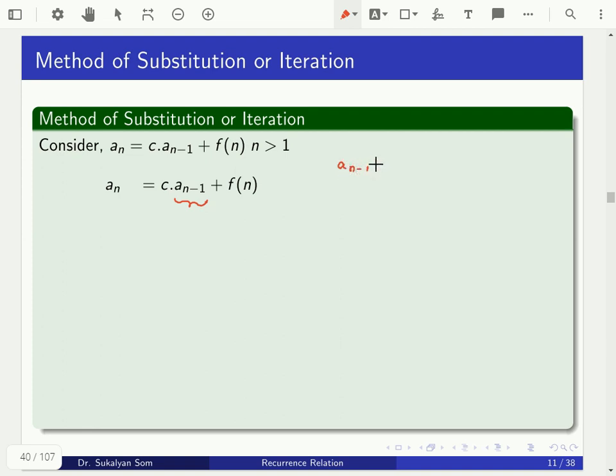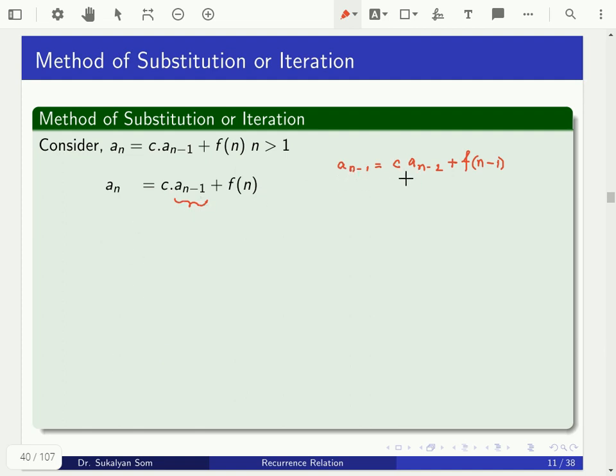In order to get this, we put n equal to n-1 in the given recurrence relation. Now, if we substitute a_(n-1) with c times a_(n-2) plus f(n-1), it gives us c squared times a_(n-2) plus c times f(n-1) plus f(n).